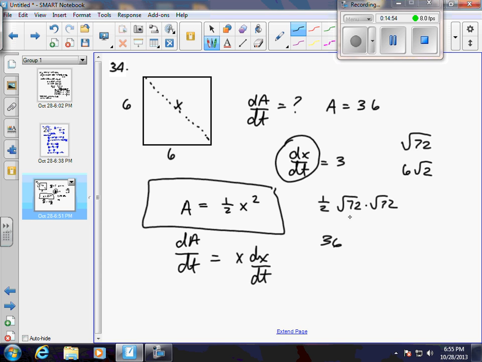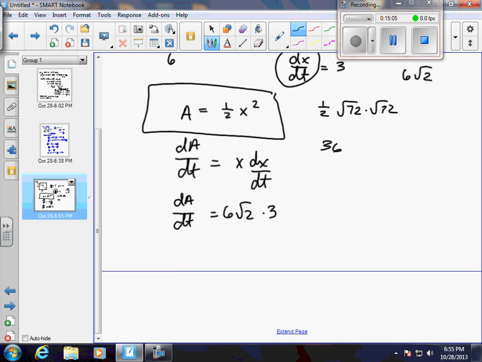We just found it, didn't we? 6 square root of 2. And dx/dt is 3. So the area is changing at a rate of 18 times the square root of 2 square meters per second.